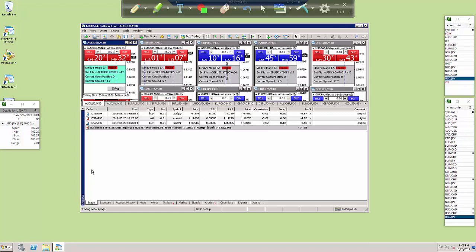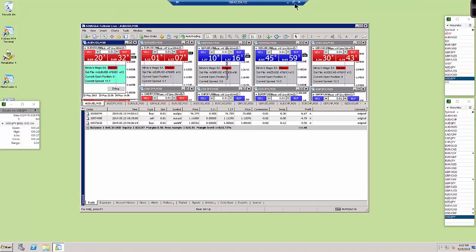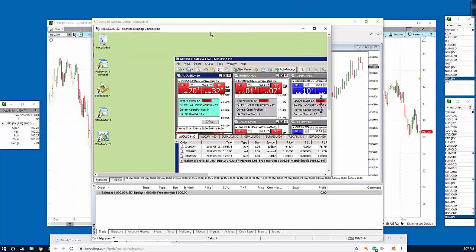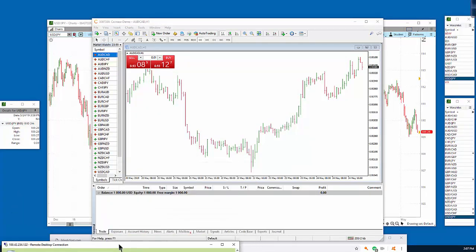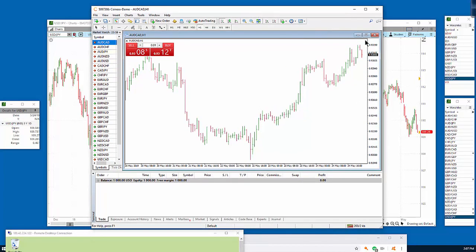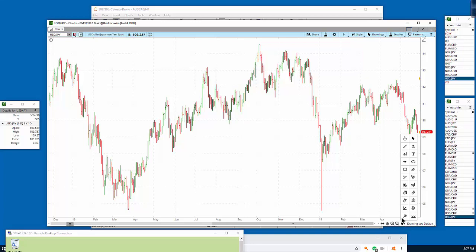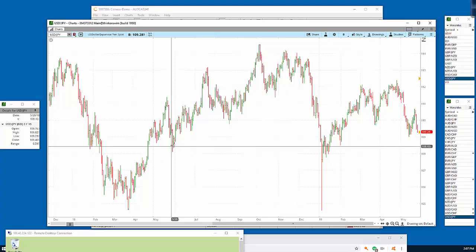So if you get into a trade and the trade becomes profitable, who cares how much profit it is? If you protect that trade with a profit stop, what's your worst case scenario? You're going to make money. Might not be as much as you wanted, right? But let's go back and put another price line out here.